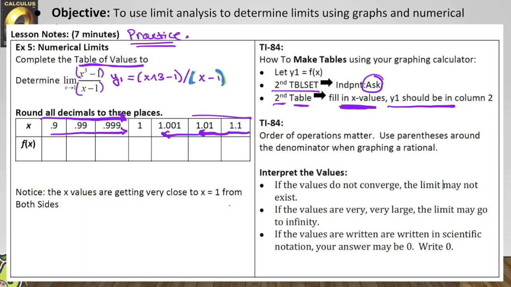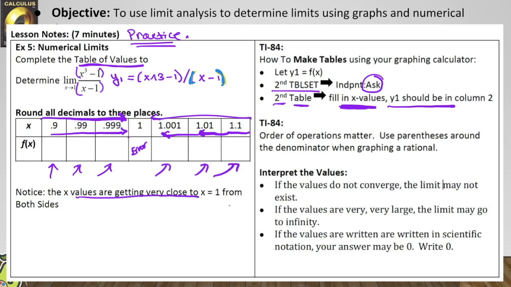And we're trying to get to 1, but we're not allowed to actually touch the 1. So don't fill 1 in unless you want some sort of error in your calculator. You should have all the values now in your column since you set the calculator to ask. Notice your x values are getting very close to 1 from both sides.